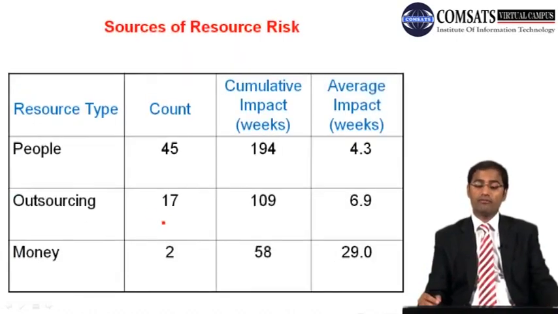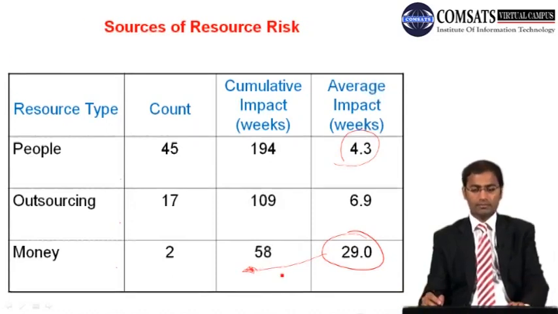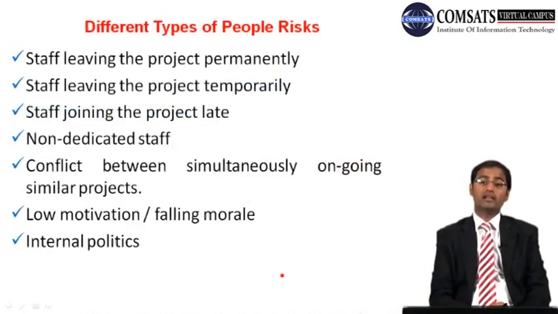Then the sources of resource risk are given over there: people, outsourcing, and money. These are very highly ranked resource types. And you can see people are less risky than money. As far as money or cost is concerned, there are more risks about costing.